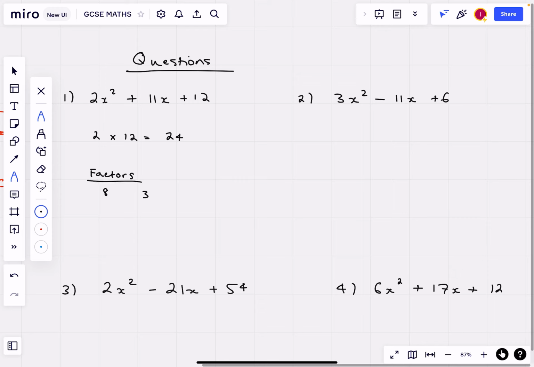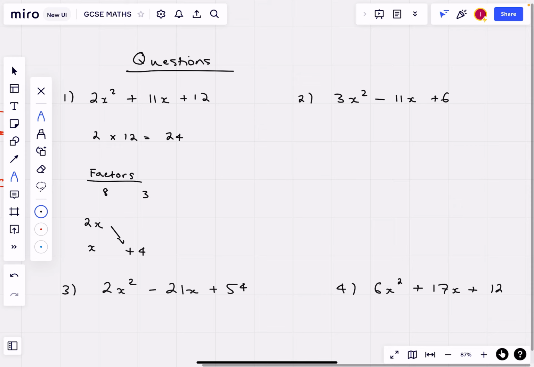Okay, we split 2x squared into 2x and x, and now we divide where possible. 3 is not divisible by 2, 8 is, and when we divide, we get 4, which we write opposite, plus 4.